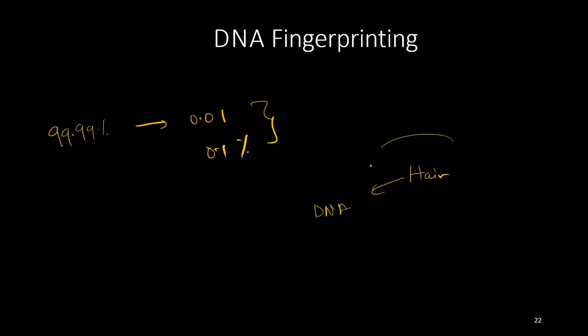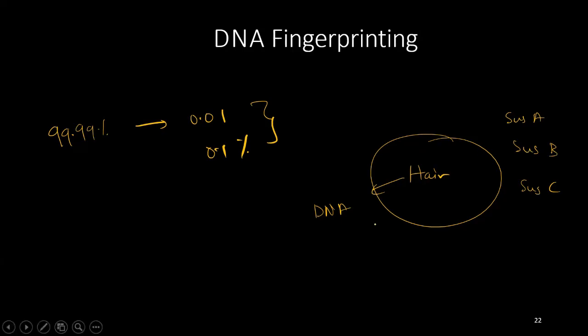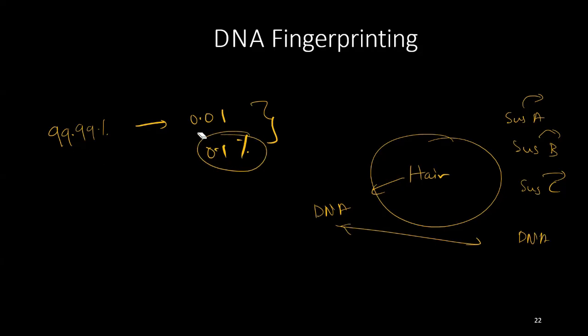I know there are a few suspects who were present at the crime scene, let's say suspect A, suspect B, suspect C. I'll extract the hair from suspect A, B, and C, take the DNA from them and compare it with this. 99.99% is the same, but the difference in that 0.01% will identify whether suspect A, B or C is the criminal. So that's called DNA fingerprinting.